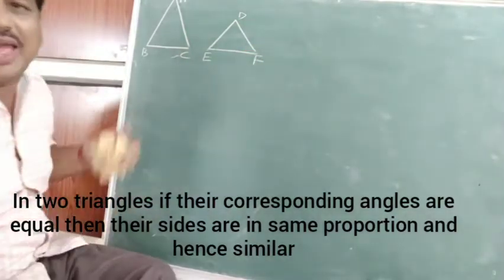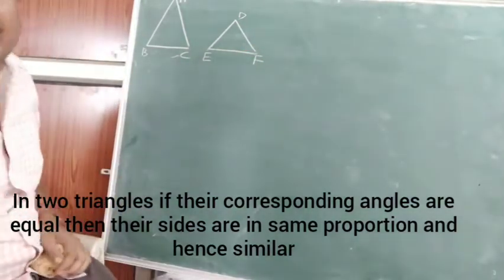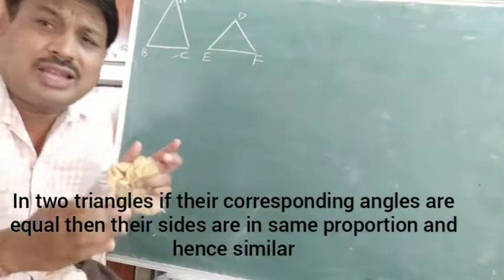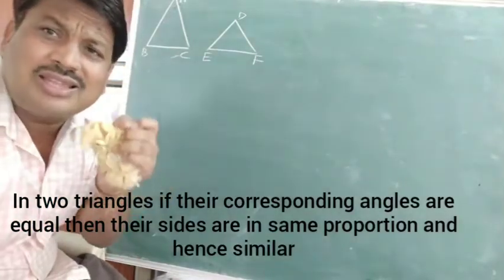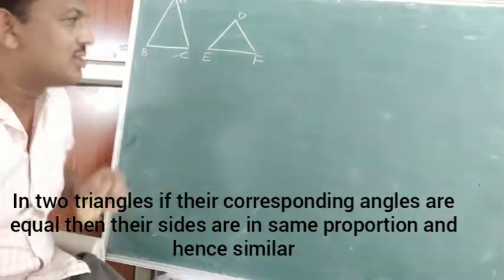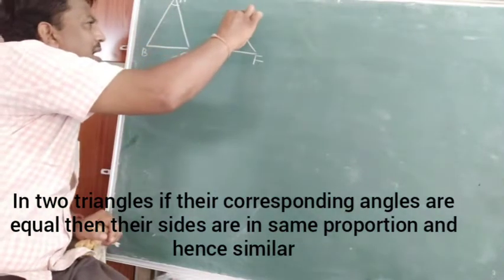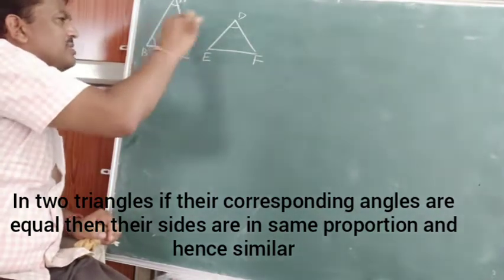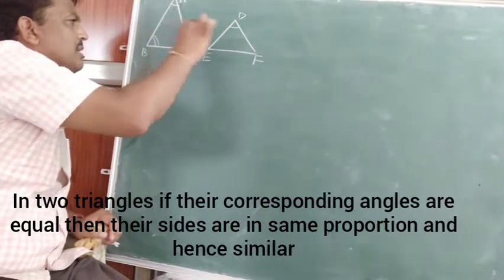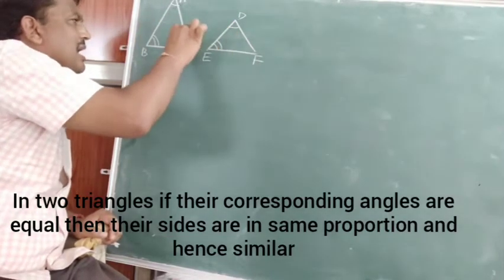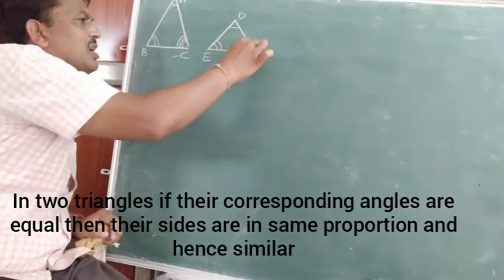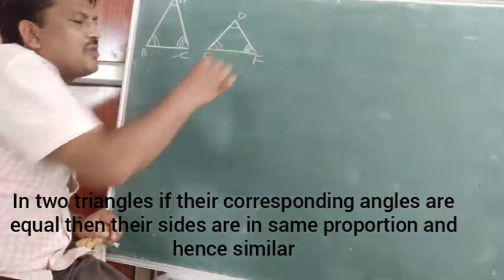These are the names of the triangles. So children, what is given in the theorem? All the three angles are equal. So let angle A is equal to angle D, angle B is equal to angle E and angle C is equal to angle F, children.